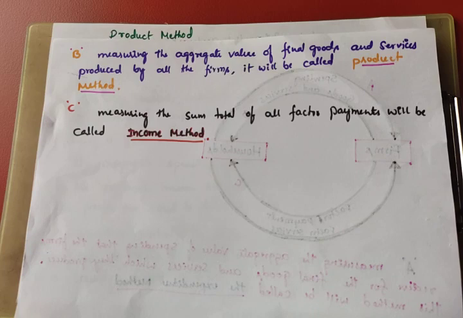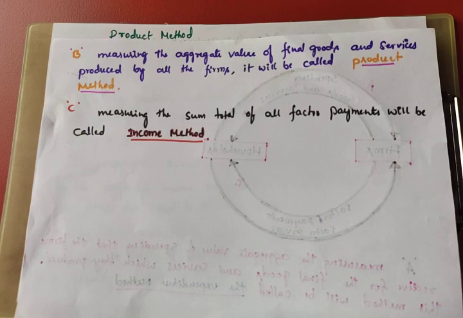How many, meaning quantity, is the value of all final goods and services. Measuring the aggregate value, not the number of goods, of final goods and services produced by all the firms, is called the product method.